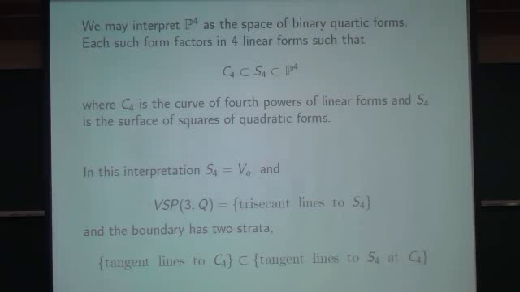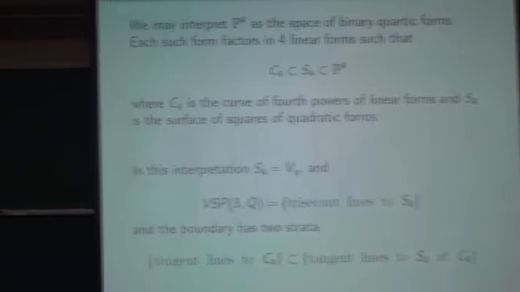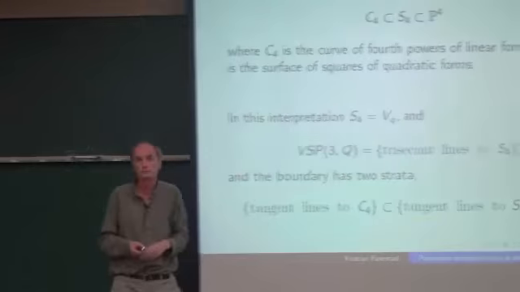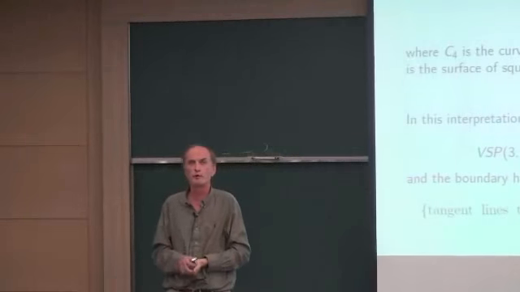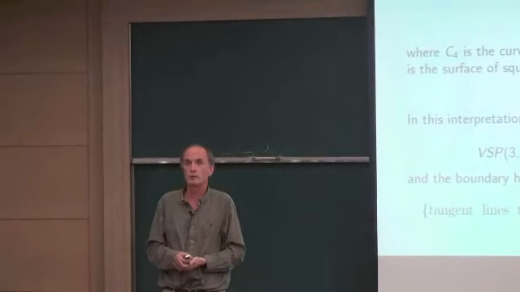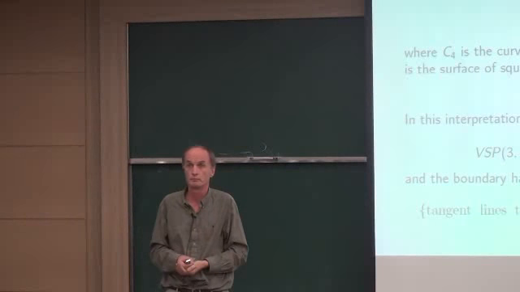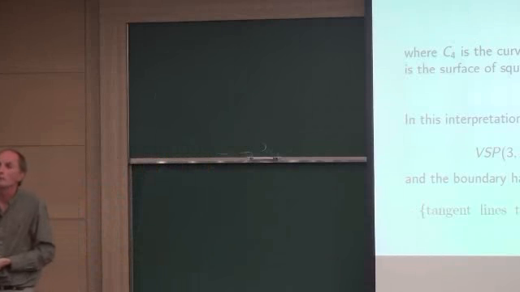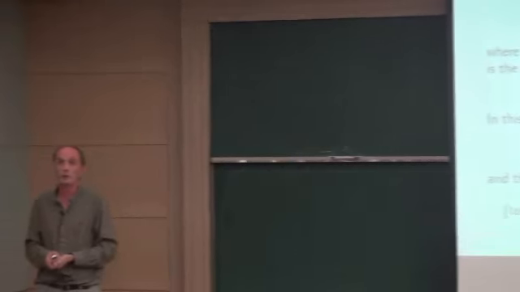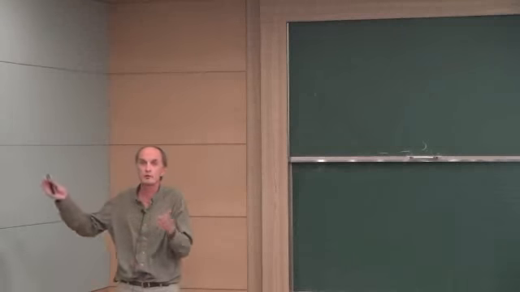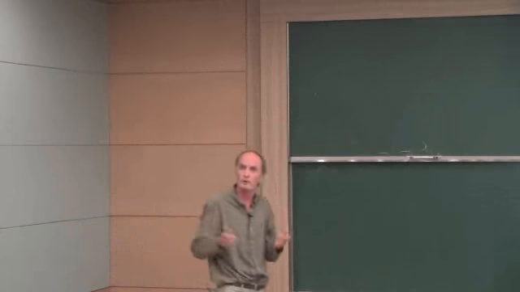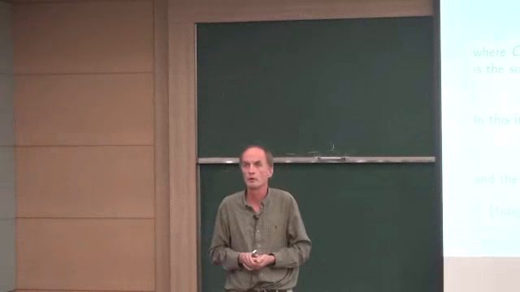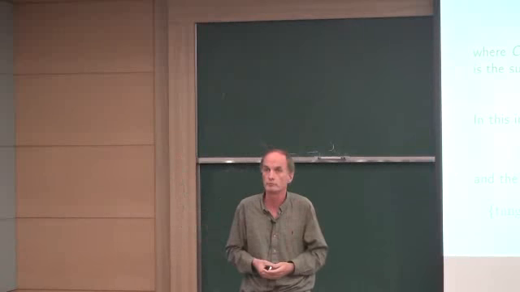So again, there's another interpretation of the whole thing here. We can think of the P4 as all binary forms of degree 4. Think of that as all polynomials of degree 4 in one variable. You can homogenize, of course, but just think of them as all polynomials in one variable of degree 4. You have 5 coefficients. And up to scalars, this is just a P4.